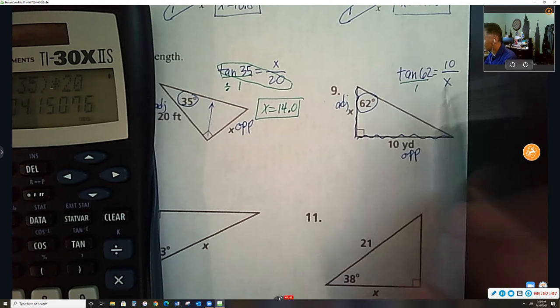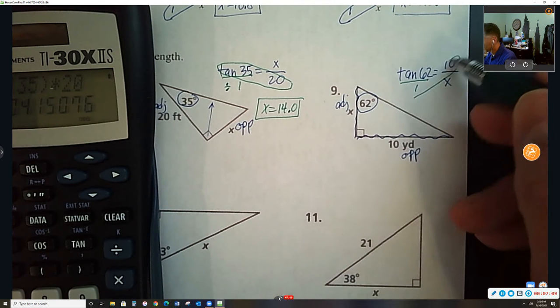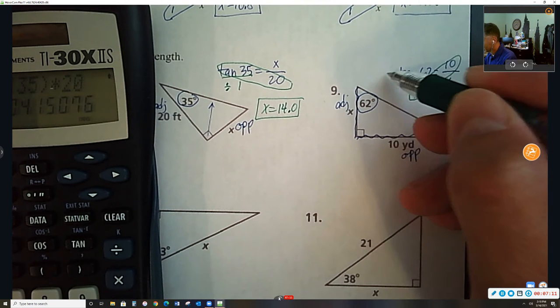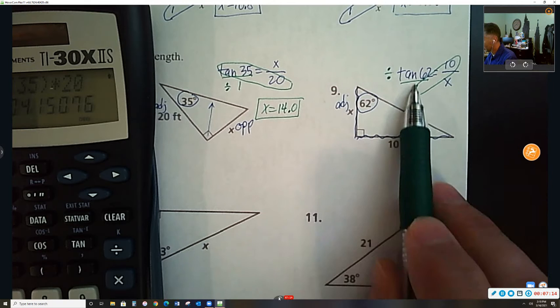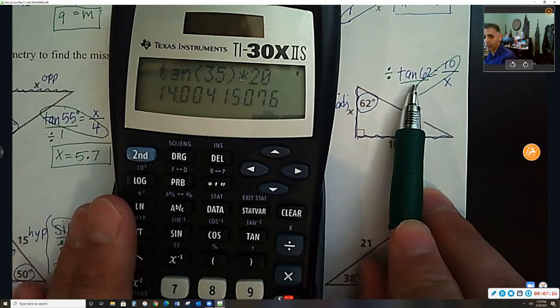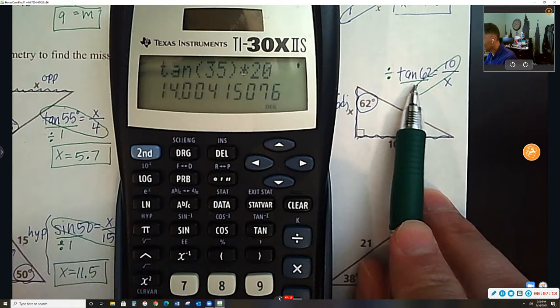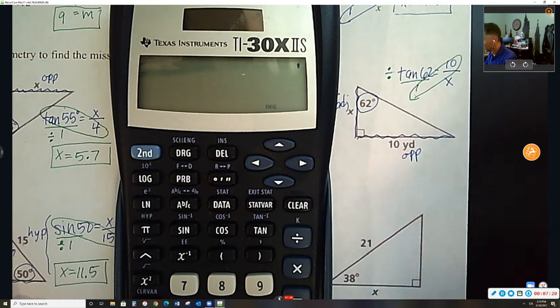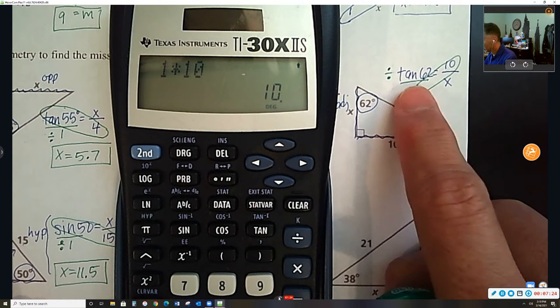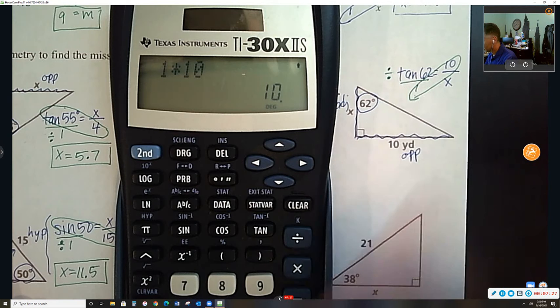Now watch this one. This one's going to be tricky. Because when we cross multiply this way, that means this is on the outside, and we're going to divide by that. So watch what it looks like. We know 1 times 10 is 10. I'll go ahead and type it in here just so you guys can see that. So then it's 10 divided by tangent of 62 degrees.